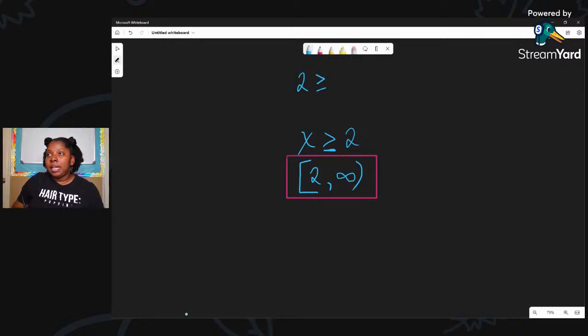So x is equal to 2. 2 is equal to 2. That's what we mean by included. Okay. So we would put a bracket. Okay. And x is everything that's 2. It goes from 2 to infinity. So x can equal 2 and it's everything greater than 2. So it goes to infinity.